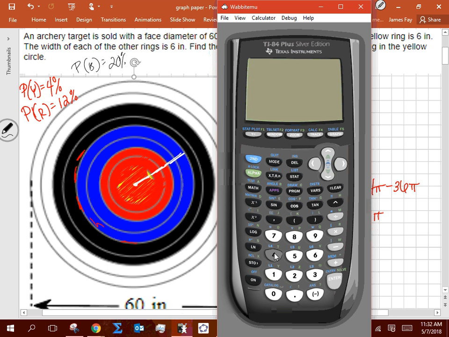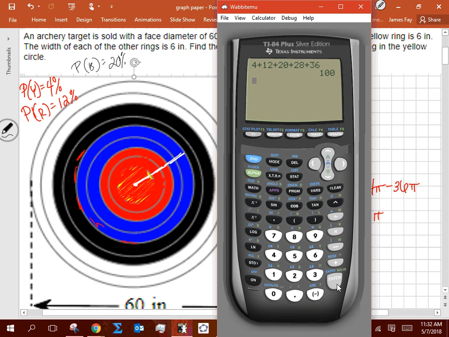If I have 4% plus 12% plus 20%, the next percentage would be what? 28. So we're thinking maybe the black would be 28% probability. And then the white you would think would be 36. If this is a true pattern, what should those things add up to? 100, and they do. Okay.